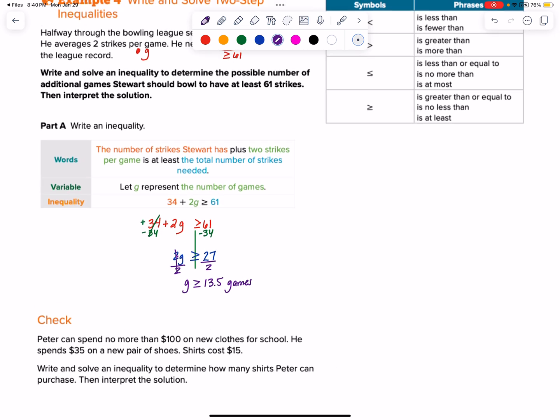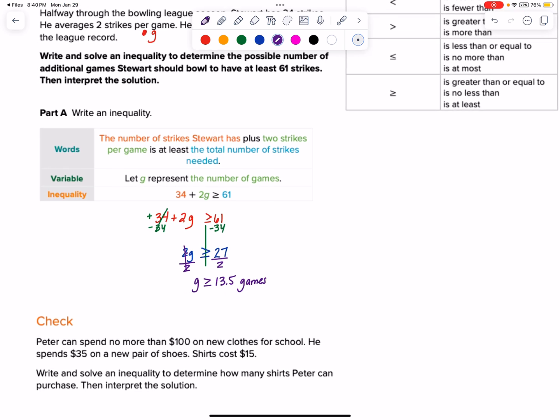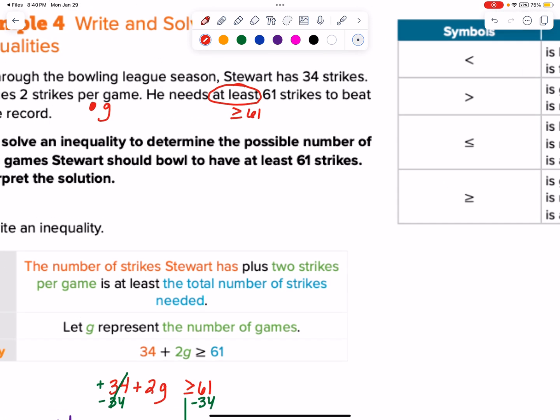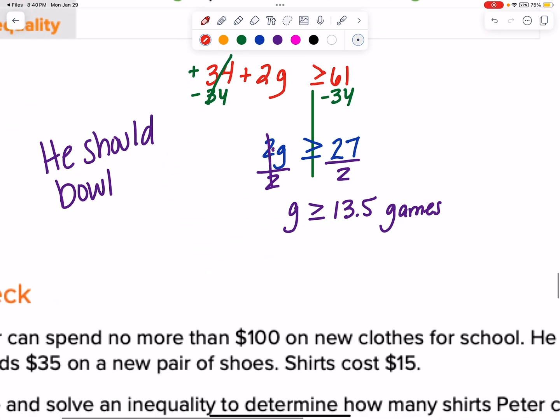So how many additional games should he bowl to have at least that? He should bowl, and I'm going to change colors here to really emphasize this. Look, at least. You have to use that phrase, at least. If you don't, you lose a point, because it's not he should bowl 13.5.